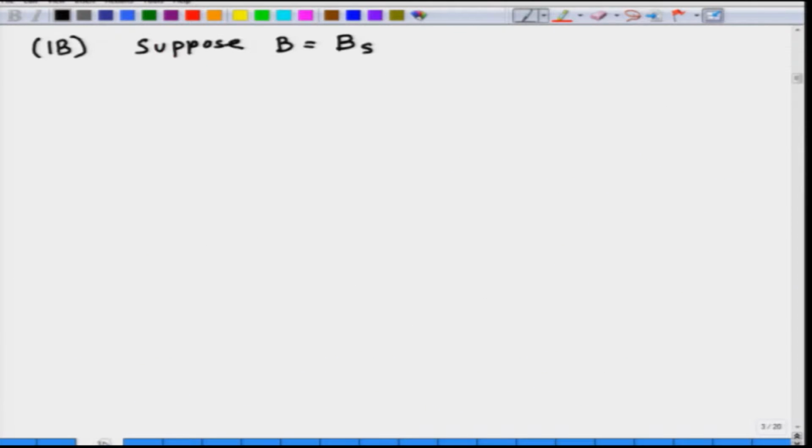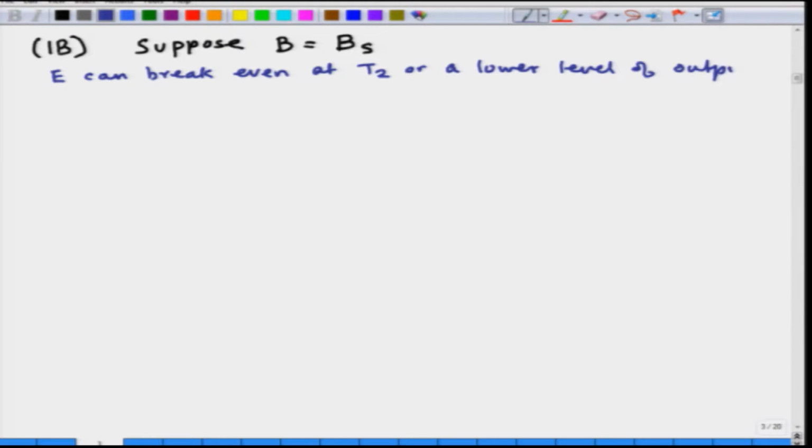So, let us call this the case where the entrant can break even at T2 or a lower level of output, as long as it is above M2.